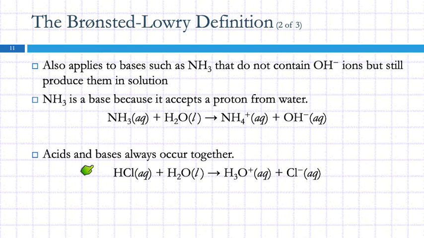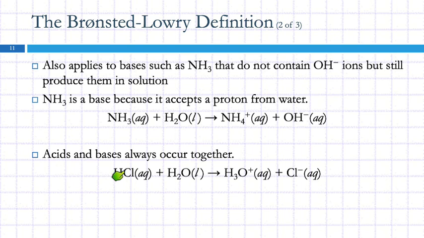Acids and bases always occur together because the acid is the one that started out with the baby, and the base is the babysitter, the one that takes the baby away, holds it, takes care of it. We're not child snatching or anything here. So if HCl is an acid and it gives a proton to somebody, somebody has to receive it, right?